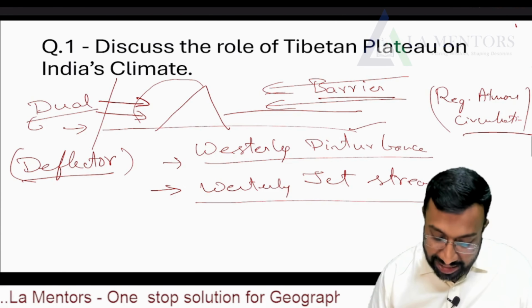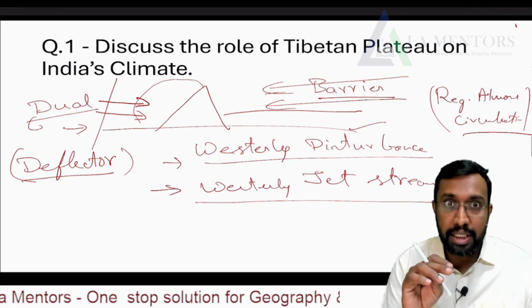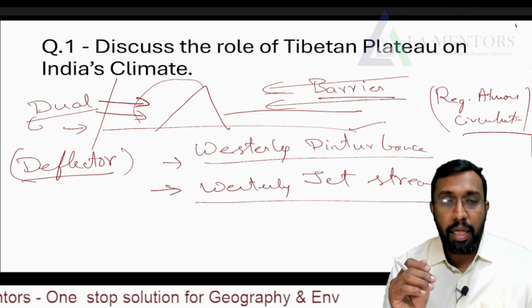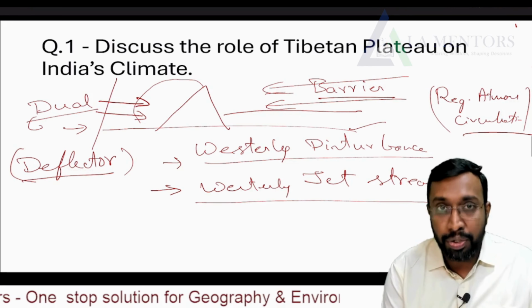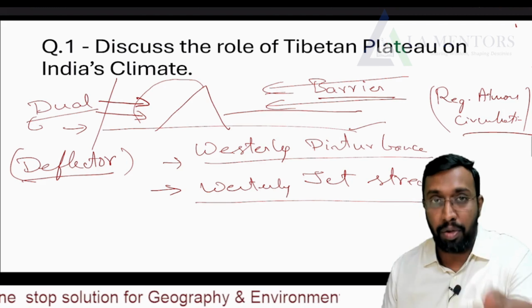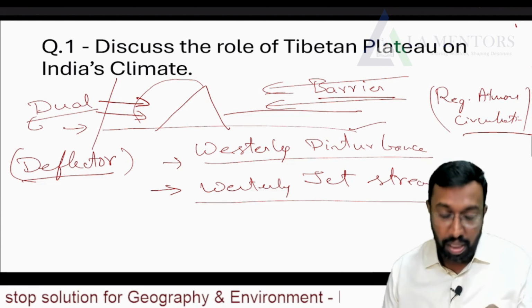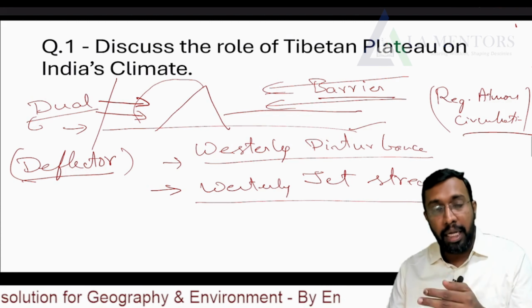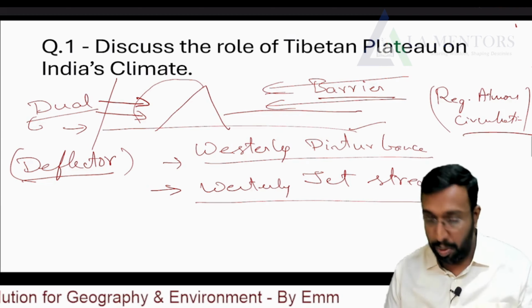Let's talk about your westerly jet stream. During the onset of monsoon, this westerly jet stream shifts towards the north of the Tibetan Plateau, and during winter, this westerly jet stream in the higher altitudes shifts towards the south.